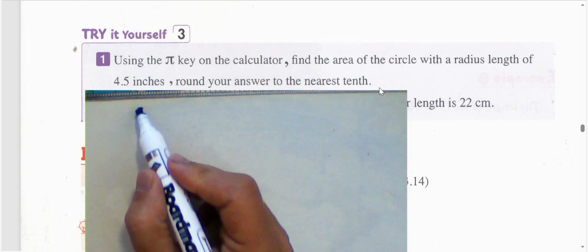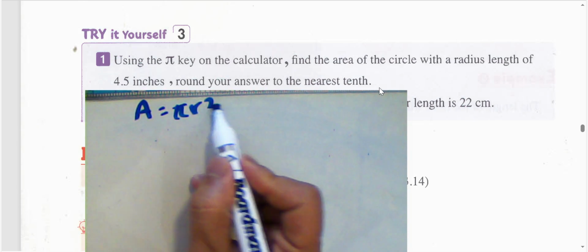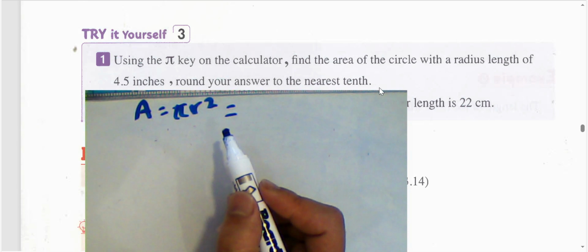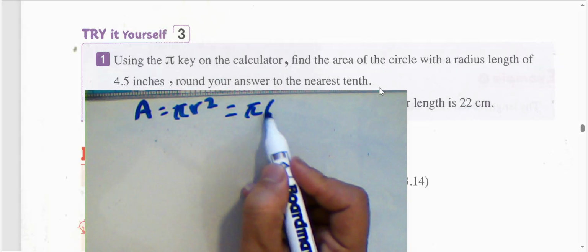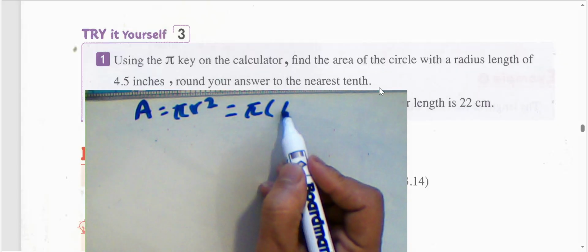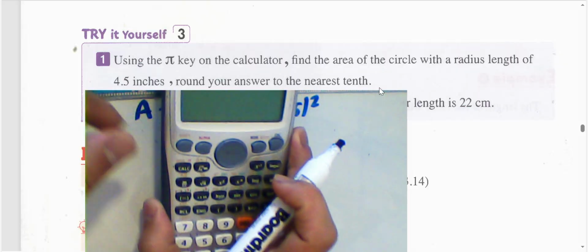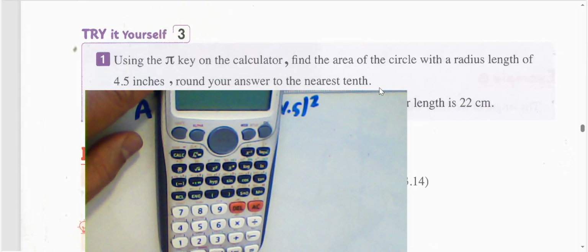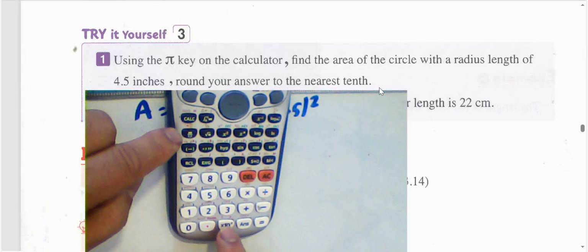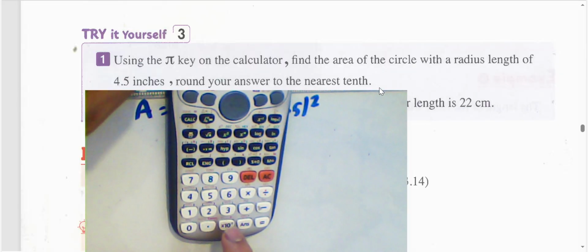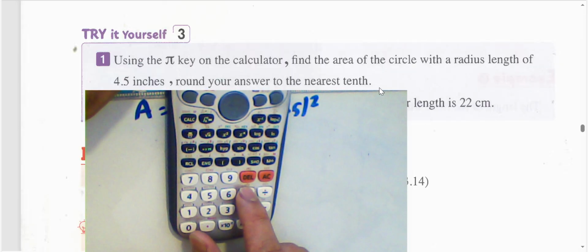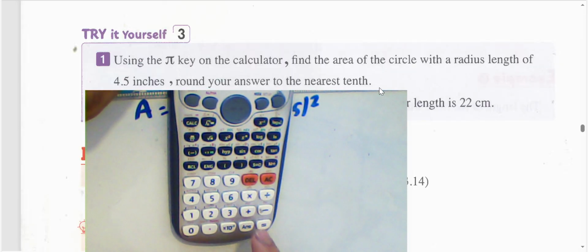We know the area equals pi r power 2. We can use the calculator to find the answer by multiplying pi by the radius power 2. The radius here was 4.5. You can use here shift and this pi button, multiplied by 4.5 power 2.